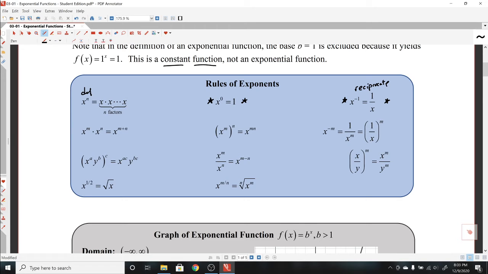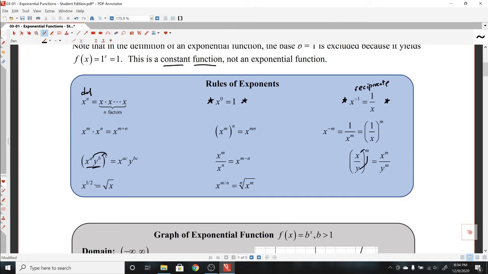Down here, if I have a product of powers raised to a power, that power is multiplied by each of those powers inside. It should look similar to a distributive property, but it's not. And here we have a quotient of powers where we subtract the exponents. If we have a quotient to a power, just as under multiplication over here, that power gets given to both of the pieces of the quotient.